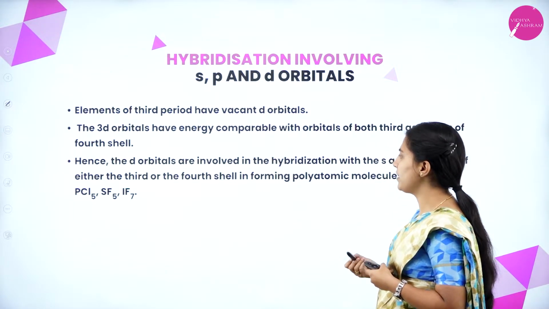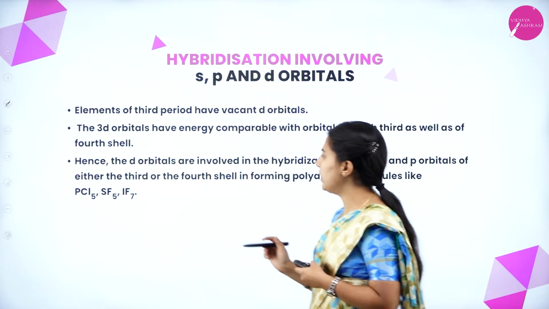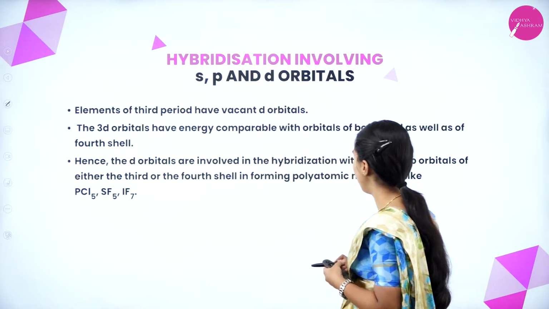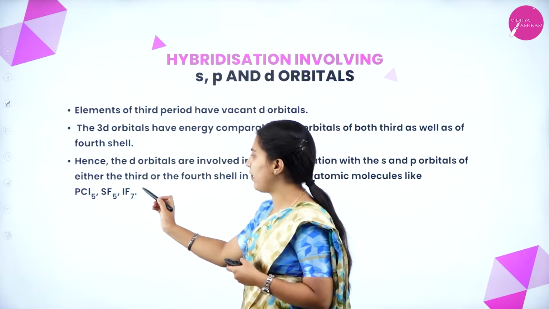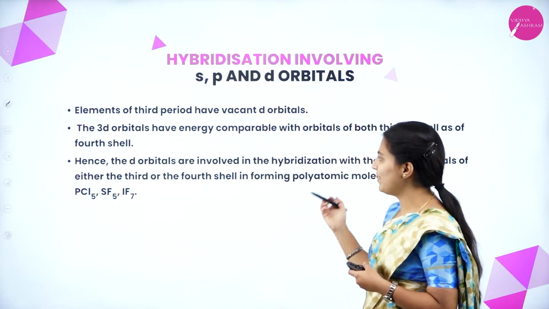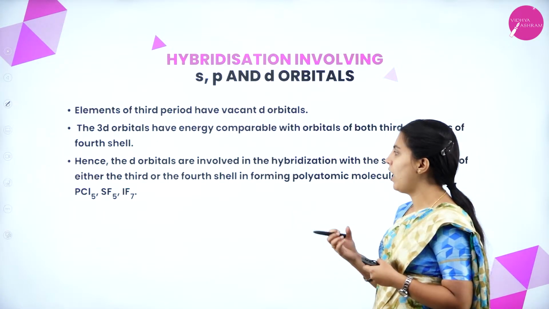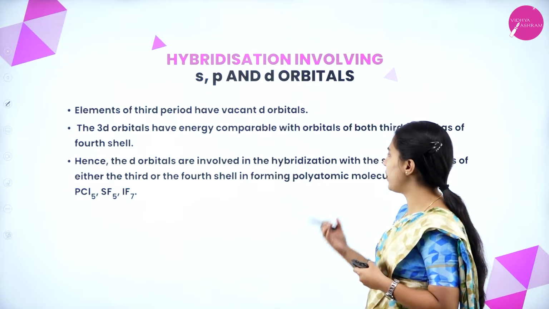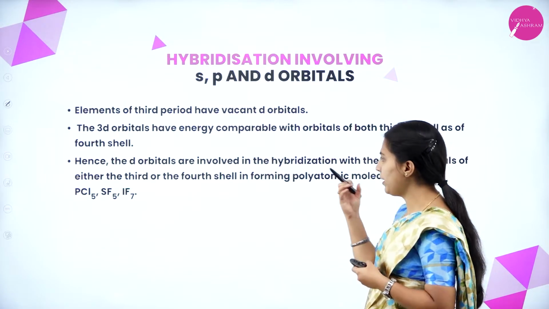Hence, the d orbitals are involved in the hybridization with the s and p orbitals of either the third or fourth shell in forming polyatomic molecules like PCl5, SF6 and IF7. Poly means many atoms will be present here.